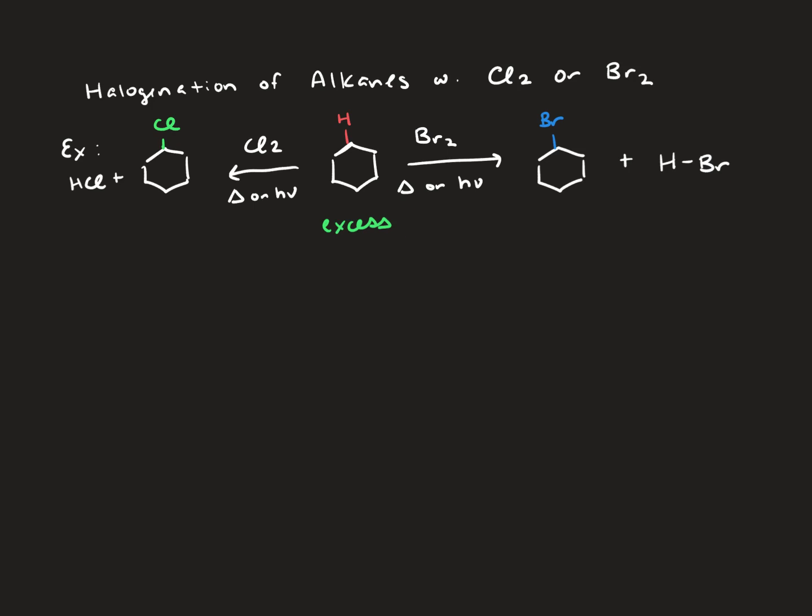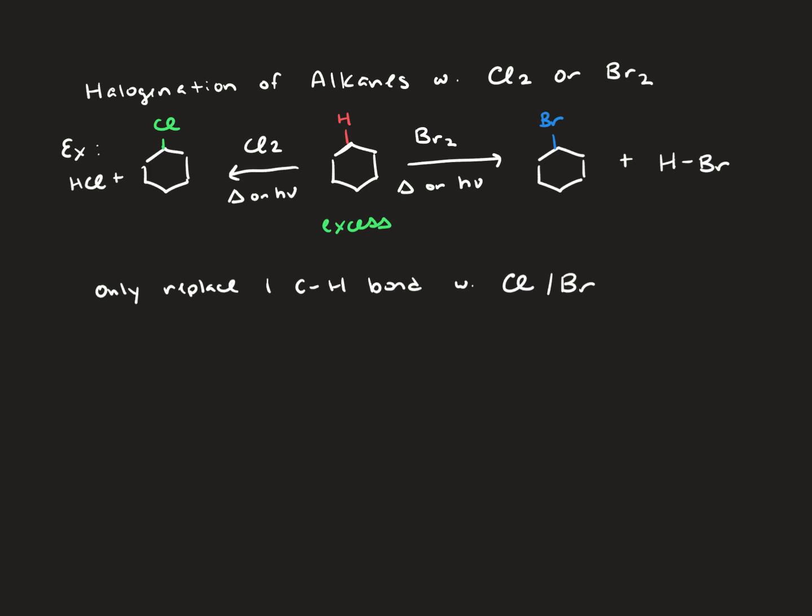Now, like I said, in this class, we will often only replace one CH bond with a chlorine or a bromine. But if you change the conditions, you can get other options.